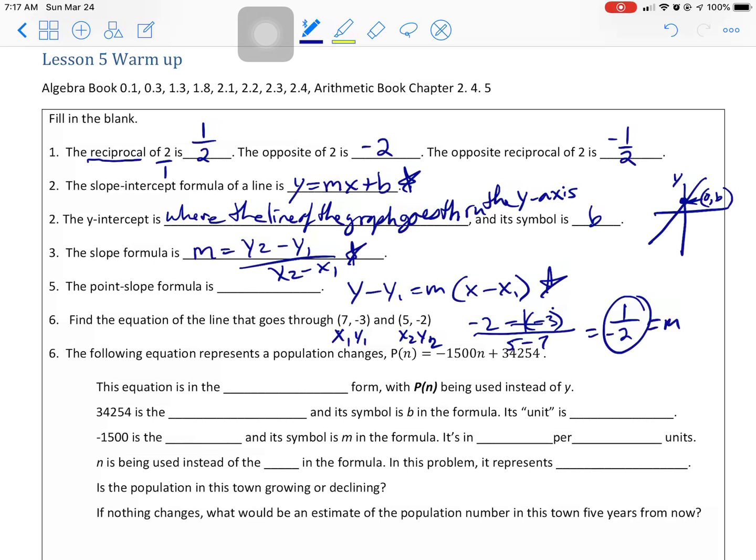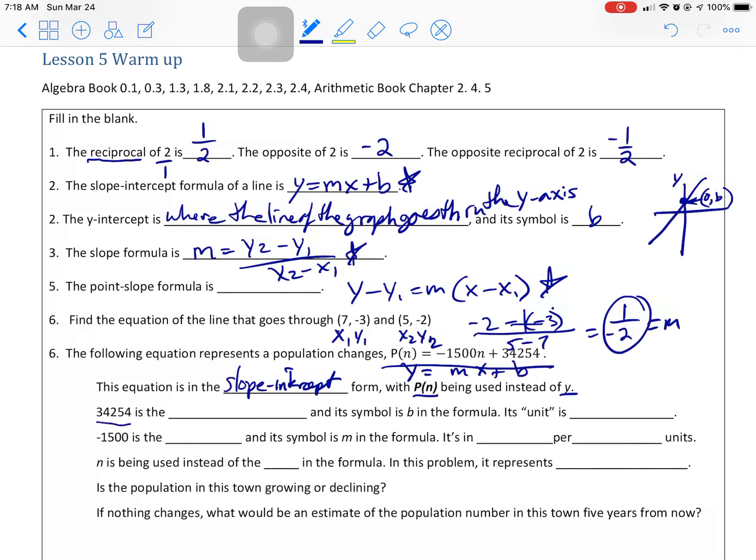This equation right here, P of n, that looks like a rate, right? The equation is in slope-intercept form, with the P and N being used instead of the Y. That means this is my m, this is my x, and this is my b.